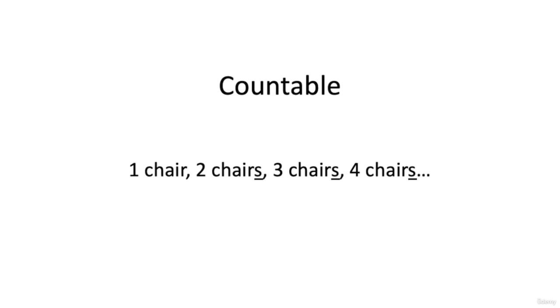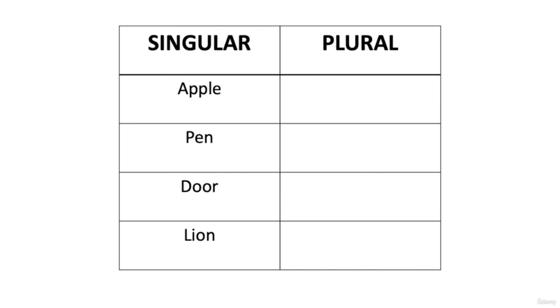For example, 1 chair is singular. 2 chairs, 3 chairs, 4 chairs, and so on are plural. Now, it's your turn. Can you make the plural forms of these countable nouns?